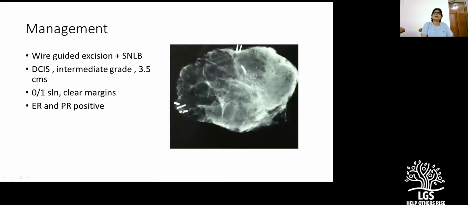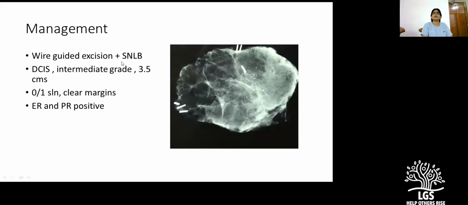And this lady, we actually put a wire in and excised the specimen. This was a wire-guided wide local excision. There was no associated mass. Even in the specimen X-ray, you don't see a mass there, only an area of calcification. The wire unfortunately slipped out, and it's not seen on the image here, but this is the specimen X-ray. So this was indeed a DCIS, intermediate grade, spanning about 3.5 centimeters.